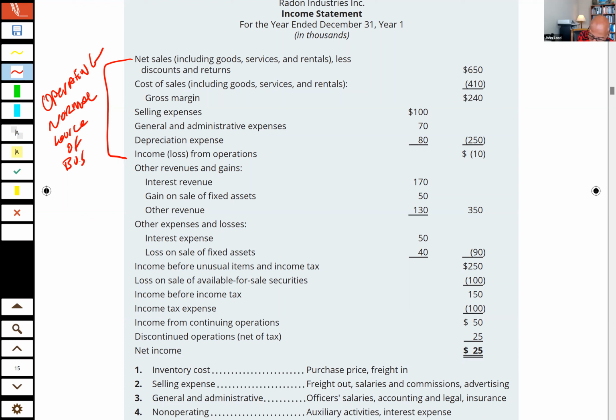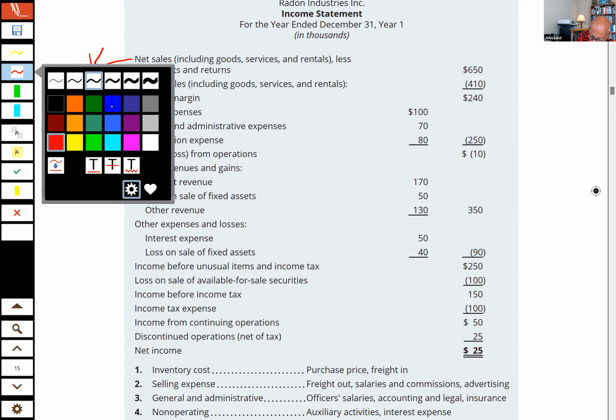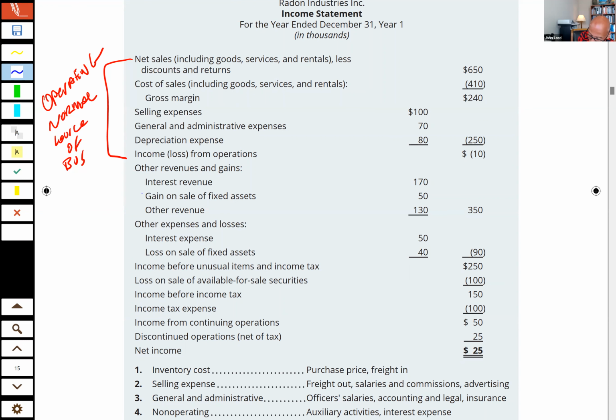Okay. Then you come down and you have what? You have interest, gains and losses on fixed asset sales, right? Like when Nordstrom sells their cash registers, whatever. Okay, loss on available for sale securities, all the way down to income before income tax.